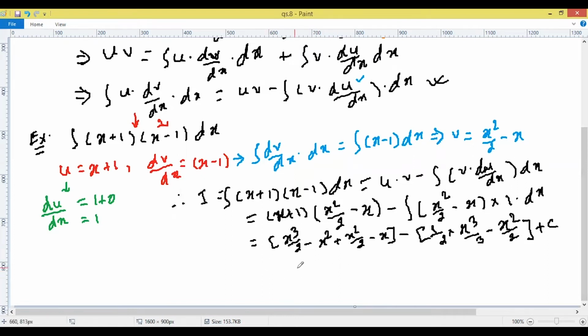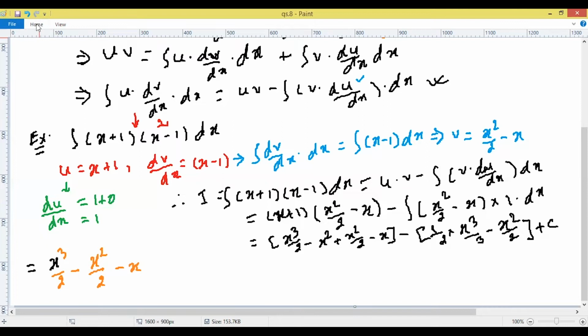And after this step, let me go here. So now we open this bracket, so this is x cubed by 2 in fact, and then this is minus x squared, and plus x squared by 2 is going to be minus x squared by 2. All right, and then x remained here, minus x, so write here minus x.